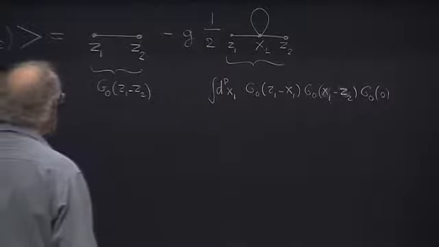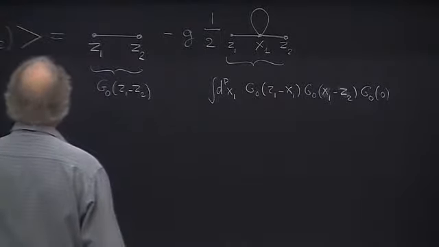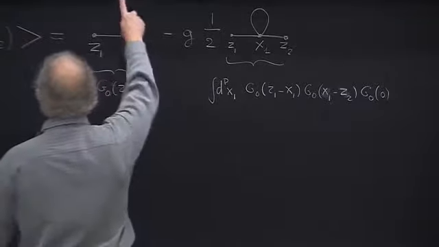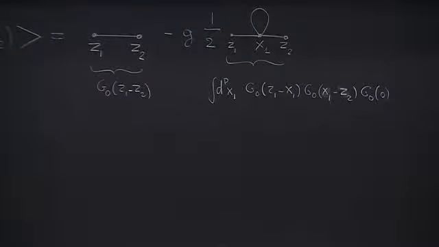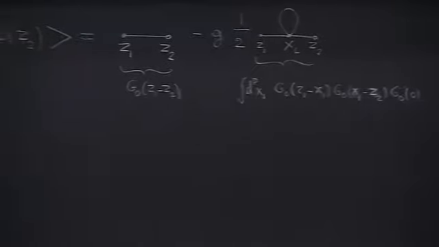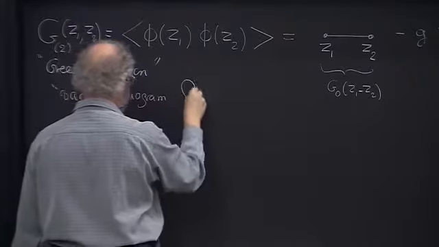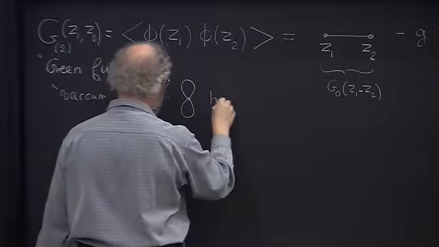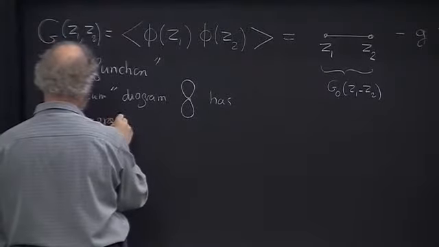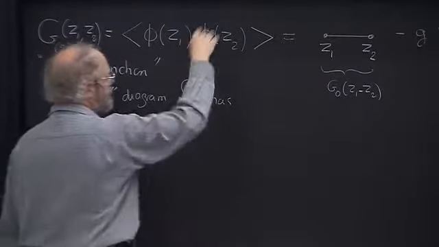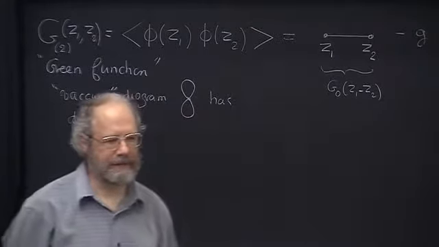And you see that in these amplitudes, the vacuum diagram here has disappeared. It has been cancelled between the numerator and the denominator.